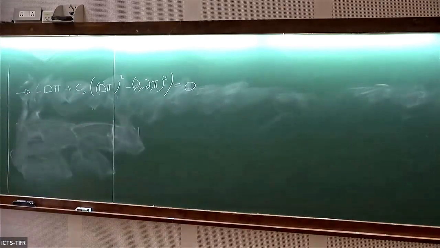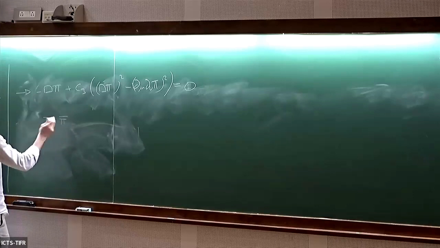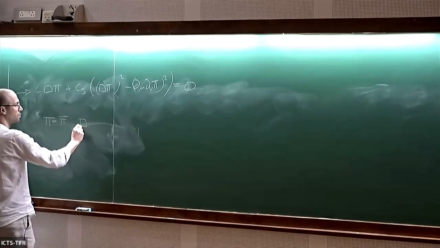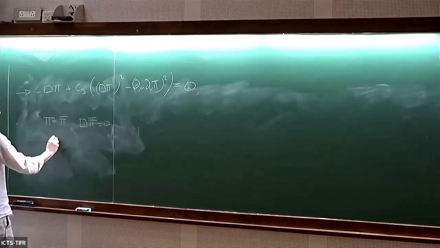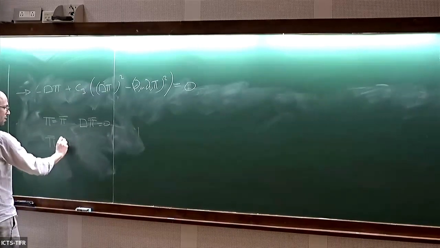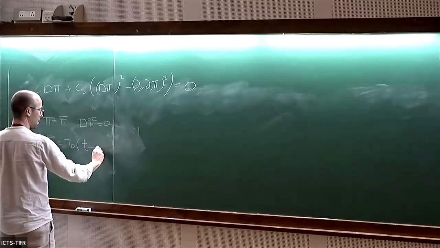And a simple solution of this is when pi gets some value, some function pi bar, which is a traveling wave. You get in particular some function traveling at the speed of light in some direction.